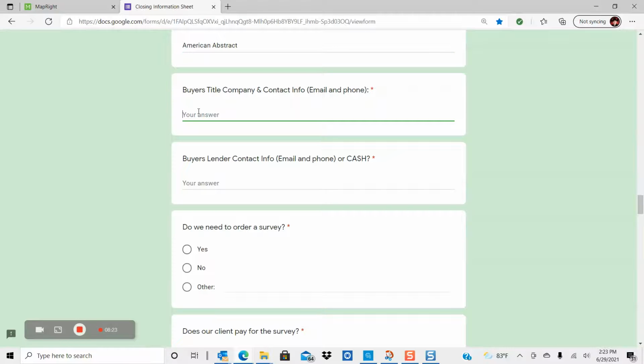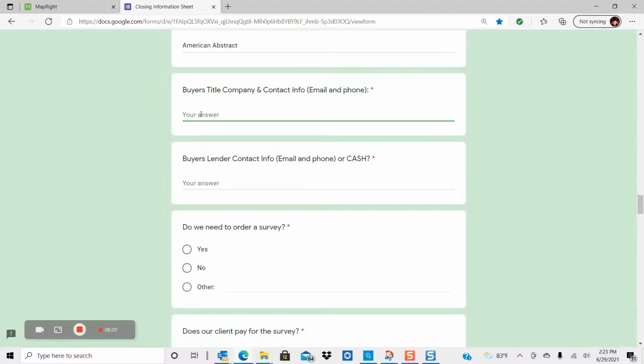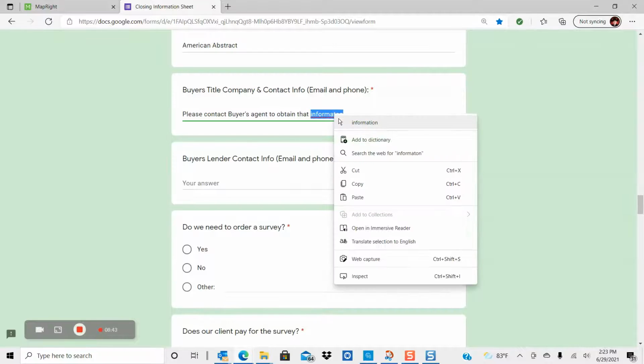The buyer's title company, usually that is where the earnest money is going to go, but not always. So if you don't represent the buyer and you don't know their title company, you would put something like, please contact buyer's agent to obtain that information. So the back end knows that's something they need to do on their end.